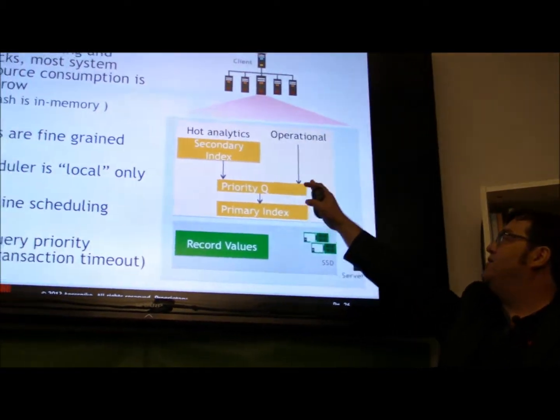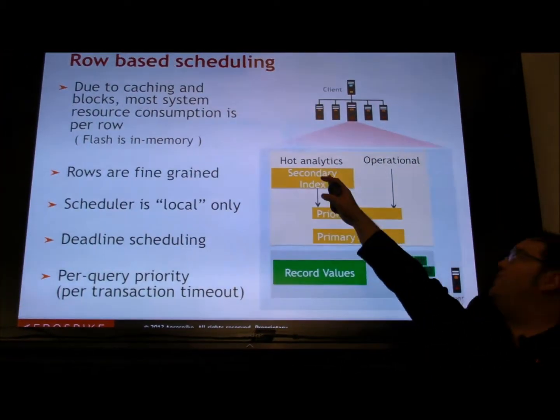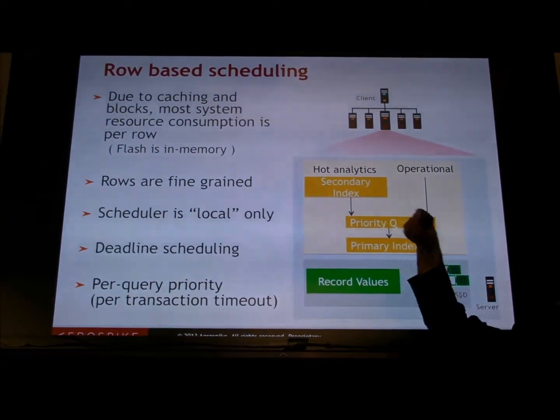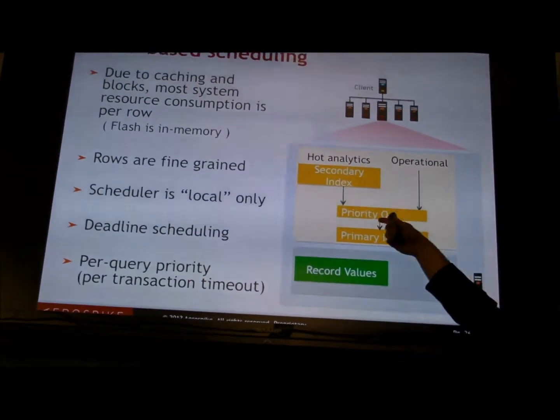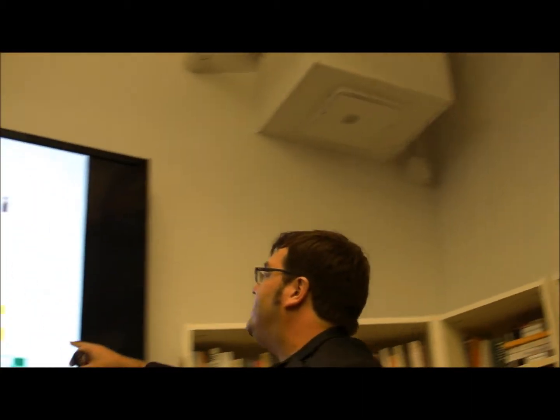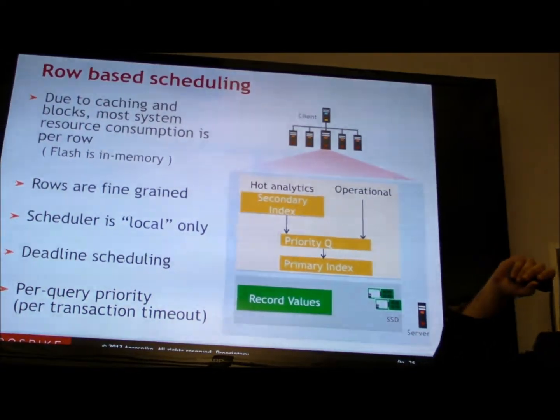So imagine a system like this, where you have those operational single row key value store requests coming in, and then you've also got these queries coming in of the style that I mentioned that are all being filtered through this secondary index. All of them have to go to the primary key index in order to access a row. Now, all of your load is on a row-by-row basis, which means that this is the perfect choke point to do your prioritization.